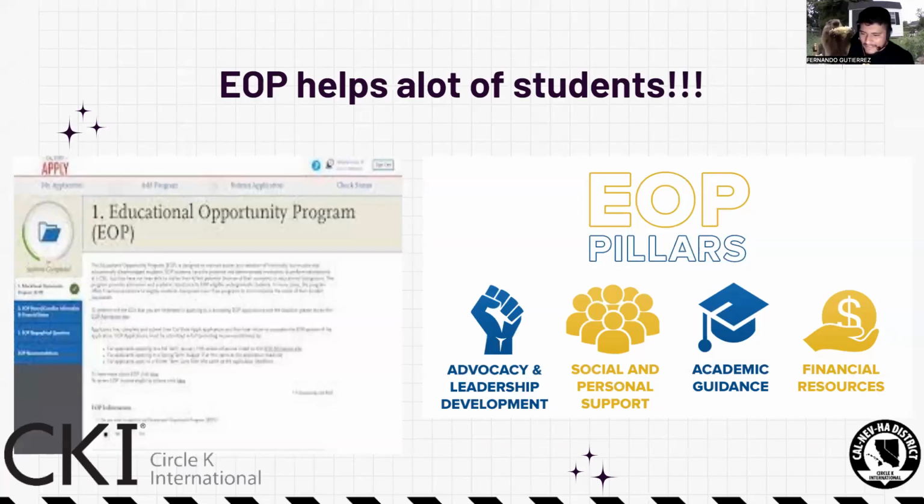Financial resources, academic guidance, social and personal support, advocacy, and leadership development. So if you're planning on going to CSUs for EOP, before attending their Zoom meeting and whatnot, they will ask you for a letter of recommendation from two professors. So depending on who you've been talking to, that's where communication comes in. Talking to your professor.